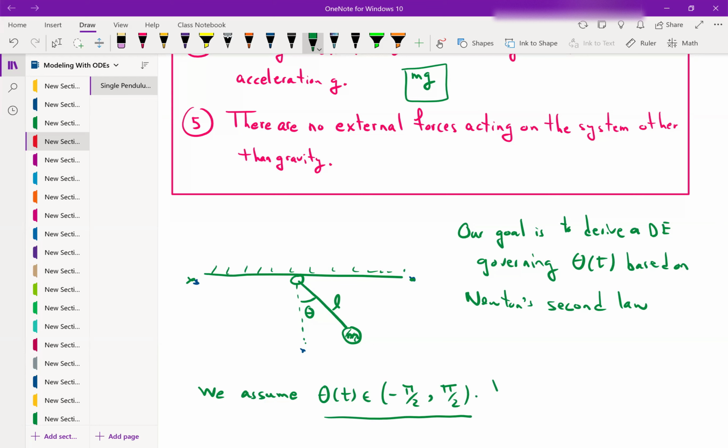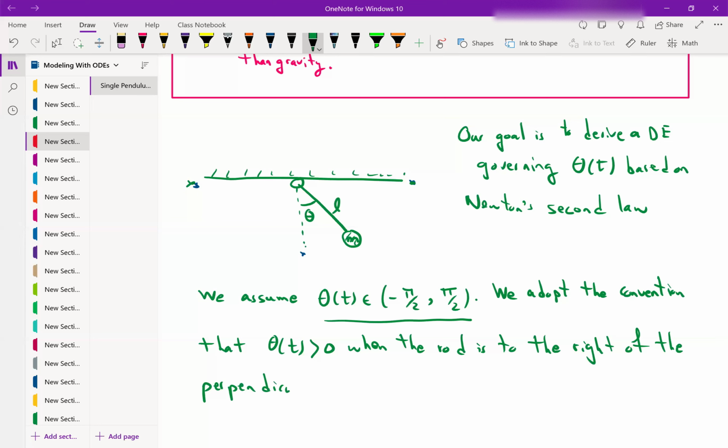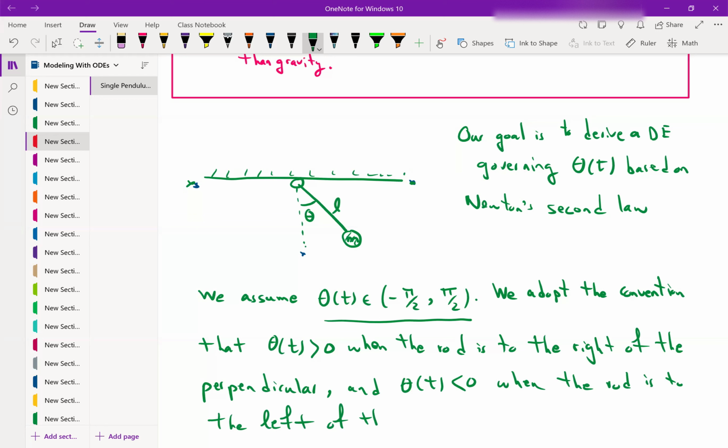So this is not the only choice, but it's one of the choices that we could have made for measuring the angle theta. And also, we adopt the convention that theta of t is greater than 0 when the rod is to the right of the perpendicular, and theta of t is negative when the rod is to the left of the perpendicular.